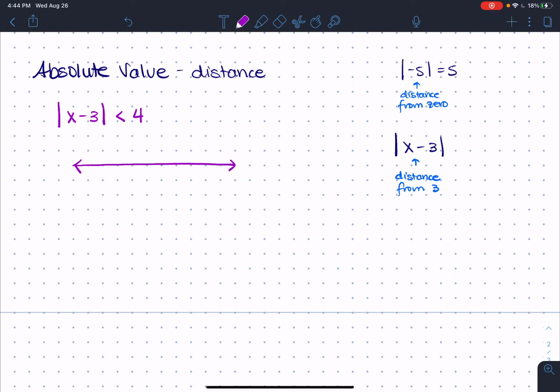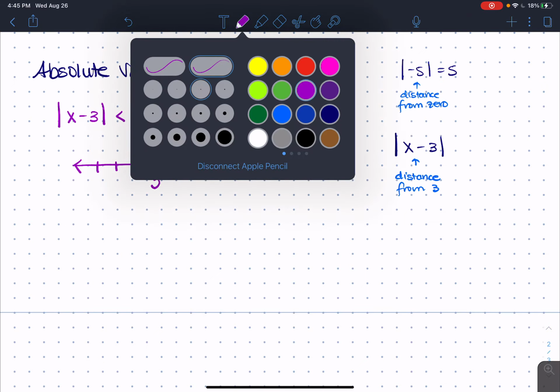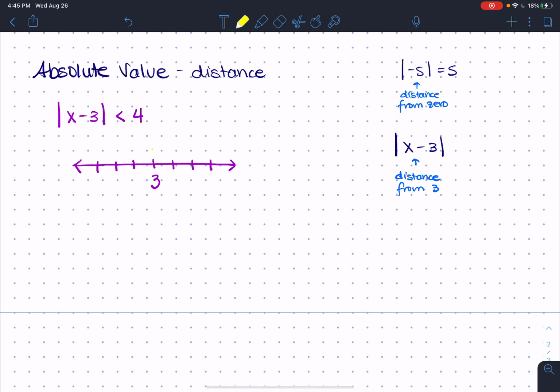So the distance from 3 is less than 4. I'm going to start with 3 in the middle, and I want to go, focus on my little tick marks here. So the distance from 3 is supposed to be 4.